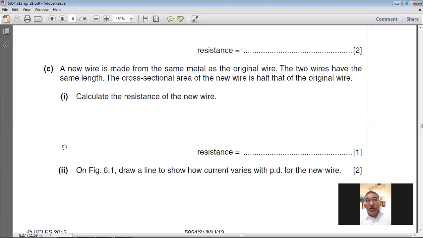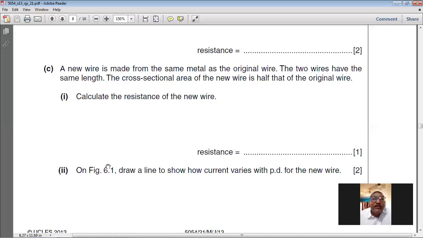If you halve the cross-sectional area, the resistance will become double. If you make the cross-sectional area one third, the resistance will become 3 times. So here the resistance of the new wire will be 2 times the resistance of the original wire. So it will be 2 into 20, 40 ohm.